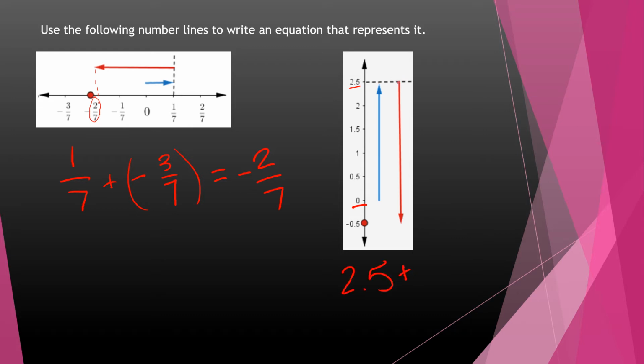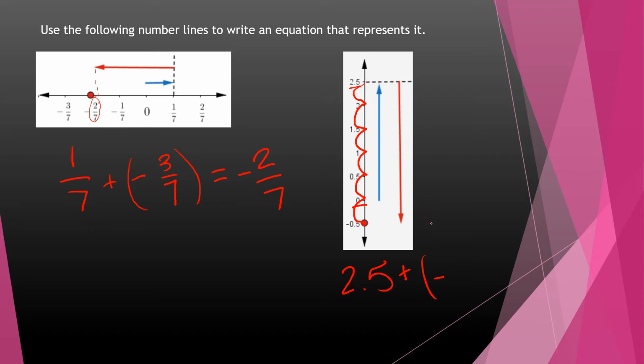Then from this 2.5, I'm going down. Okay, so that means I'm going to have a negative because my arrow is going down. Let's count how many times it goes down. Keep in mind that my number line is going by 0.5, so each time I move down, I should be counting by 1/2. Okay, so I have 1/2, 1, 1.5, 2, 2.5, 3.